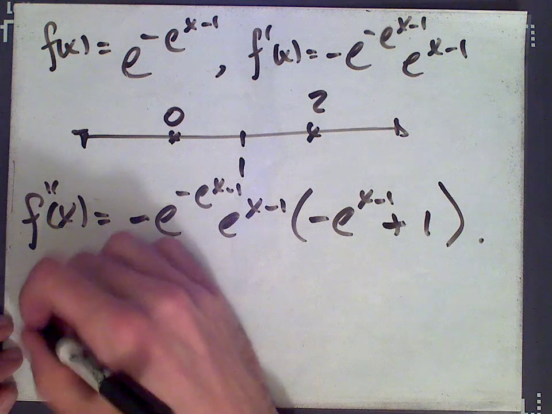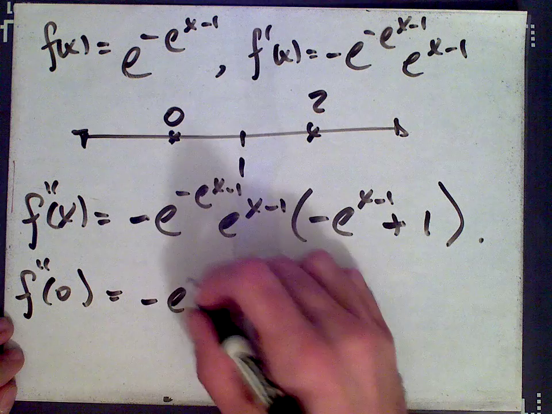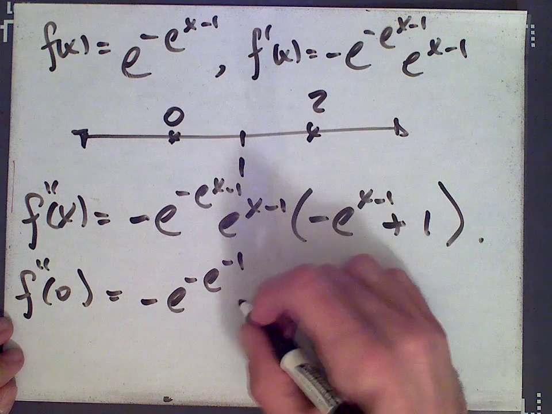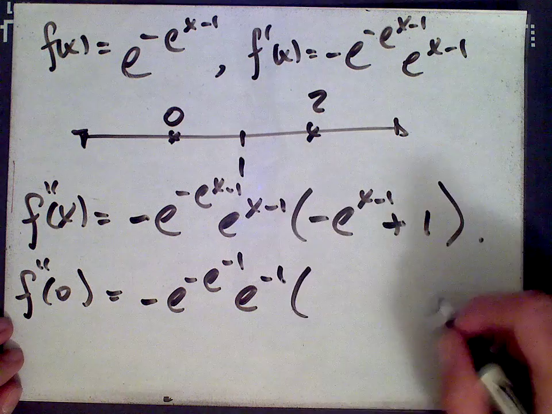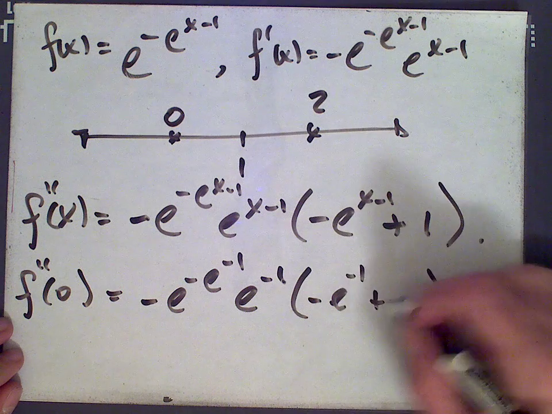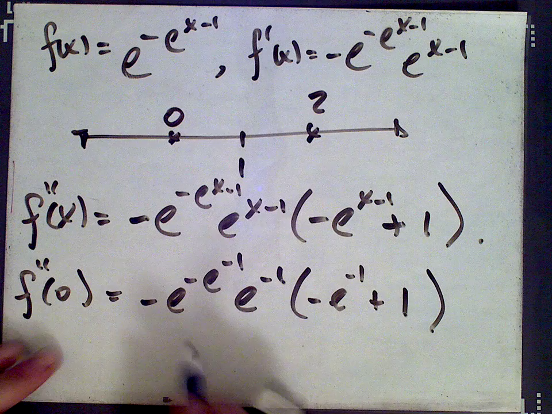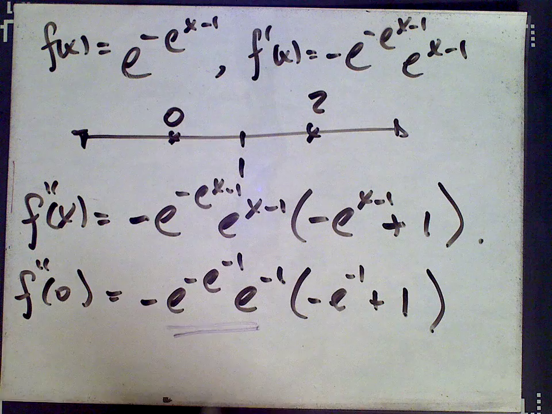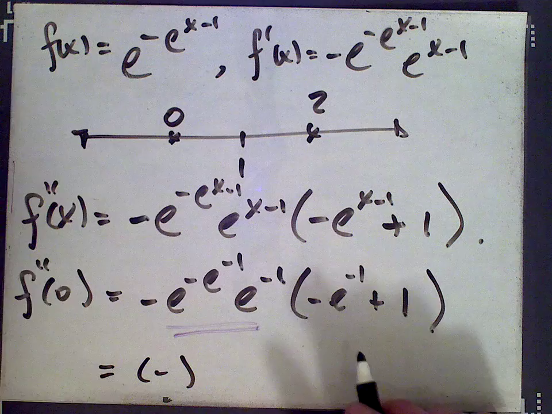So f double prime at 0 is negative e to the negative e to the negative 1, times e to the power of negative 1, times negative e to the negative 1 plus 1. Okay, so this factor here is going to be positive, but then there's a negative sign, so this is negative. e to any power is positive.